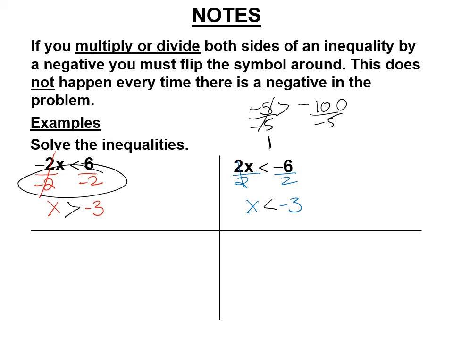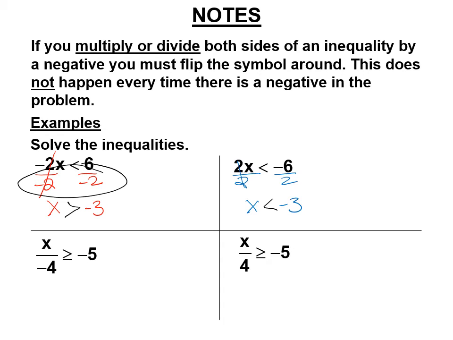This side, negative 5 goes into 100, positive 20. If you leave the symbol, now you're saying 1 is greater than 20. No. When you divide both sides by a negative, if you want to keep your inequality true, you have to flip the symbol around, because 1 is less than 20. And that's not just for that case. That's always true when you divide both sides by a negative. So this is one of the trickiest things in math, because you're doing all this work, and you get to the end, and you have to remember to flip the symbol, because of what you did.